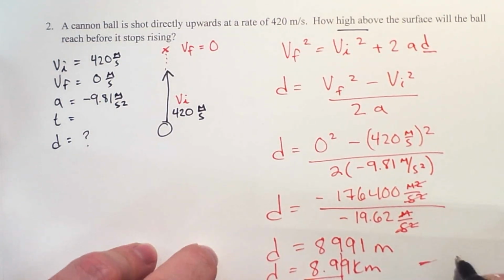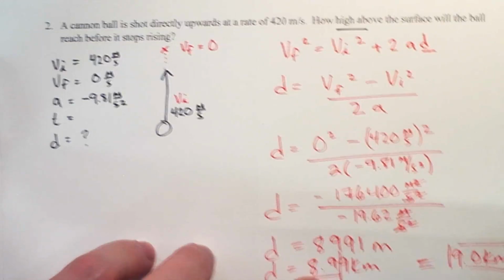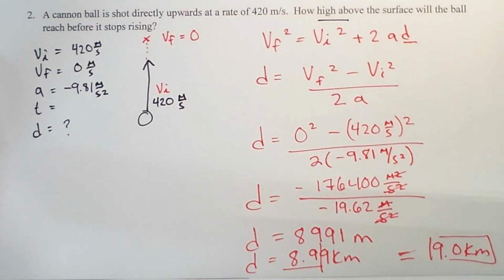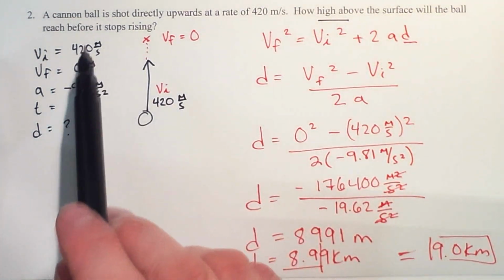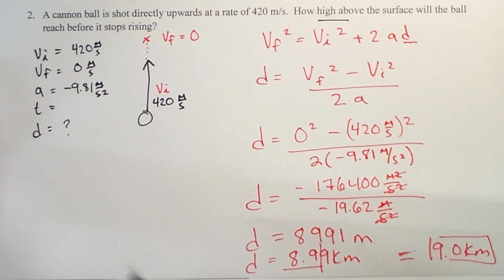I only have 2 significant digits. So 9 kilometers. Again, the big thing is make sure you write your variables out, know what the question is implying.